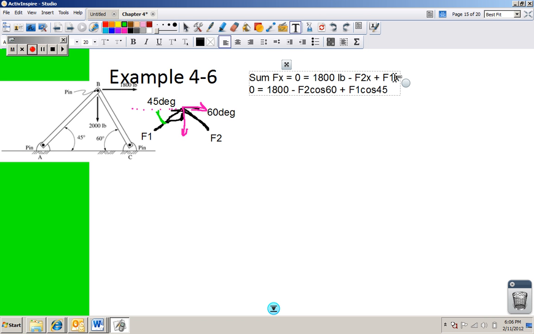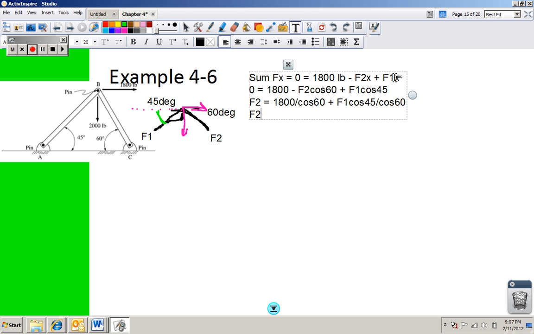Alright, so we have one equation, two unknowns. We need to rearrange to solve for one of them, so let's move F2 to the other side. So F2 equals 1,800 divided by cosine 60 plus F1 cosine 45 divided by cosine 60.